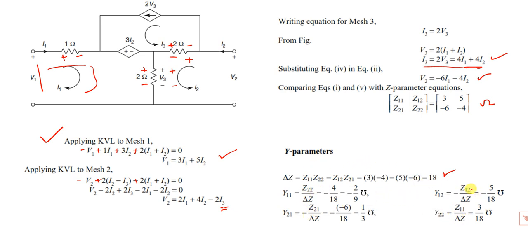Y12 is minus Z12 by delta Z, and Y21 is minus Z21 by delta Z. In this way, you can find the Y parameters also. It is very easy. You can follow this method, or you can follow what Ganesh explained in the class using the matrix method also. Thank you.